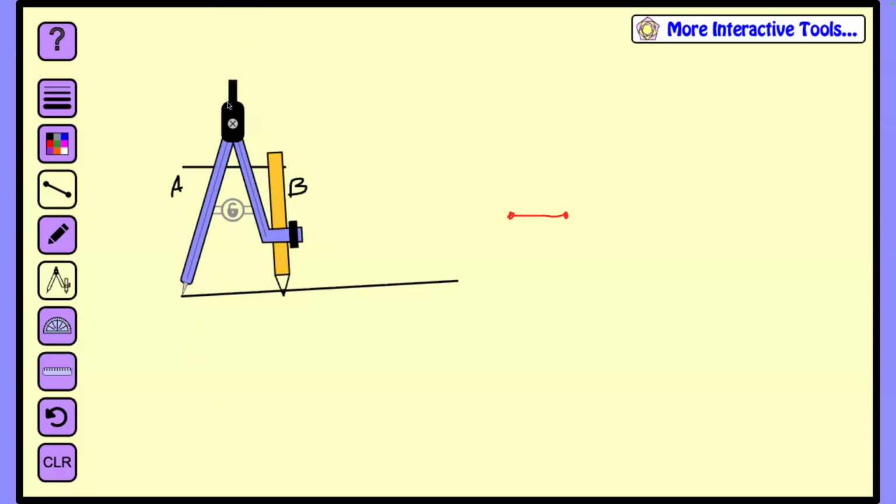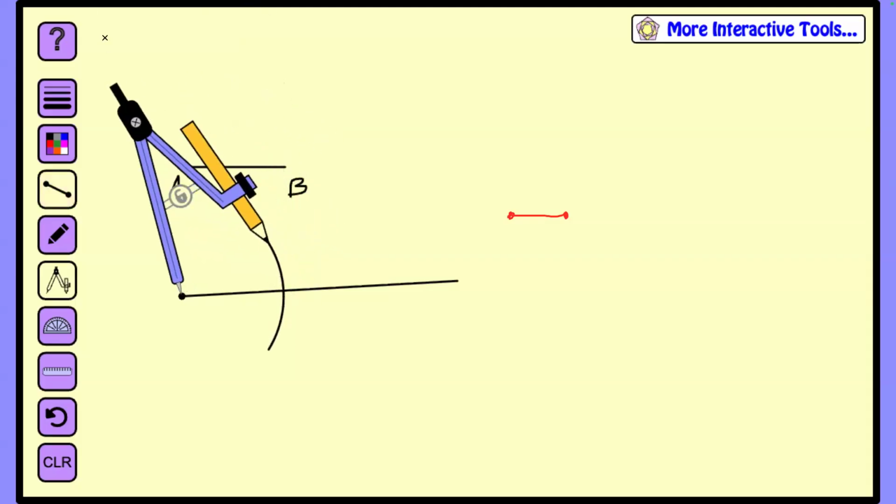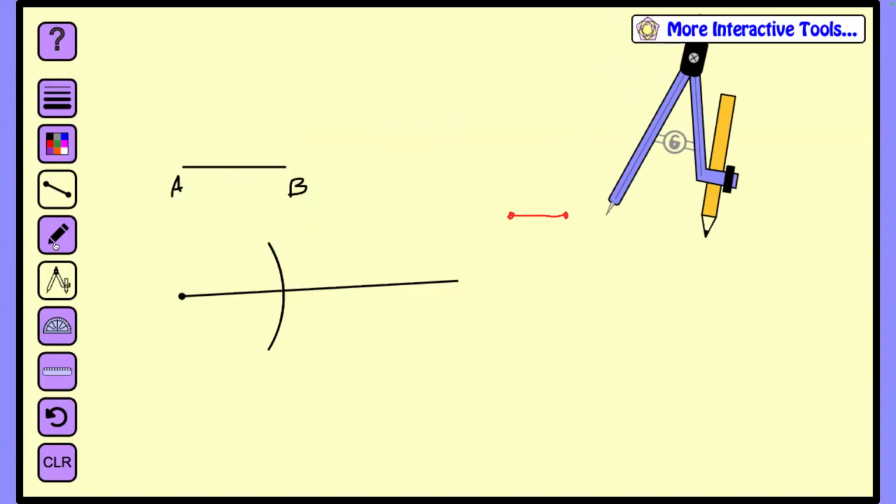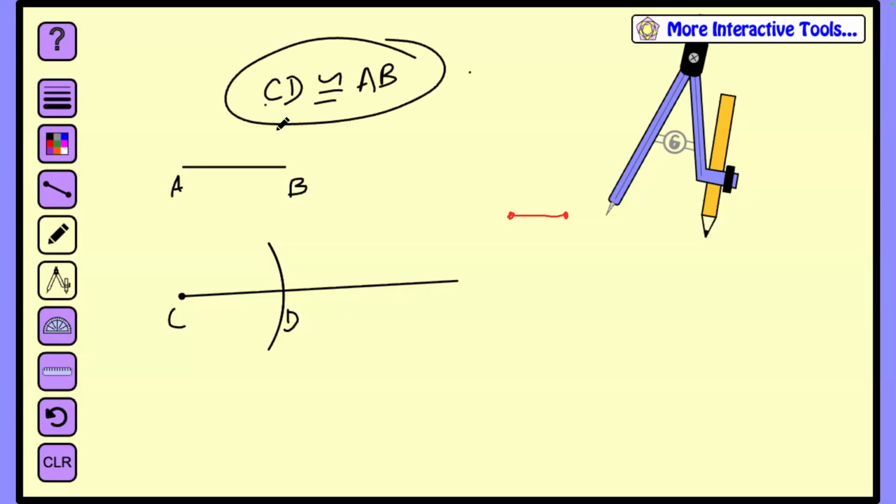Now touch the black color thing and draw an arc. Now move the compass out, name it as CD, and say the CD line segment. You'll say CD is congruent to AB. That's it. This is drawing congruent line segments. Make sense?